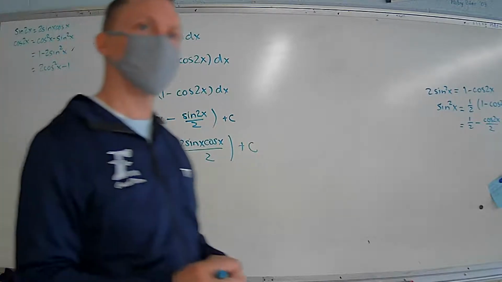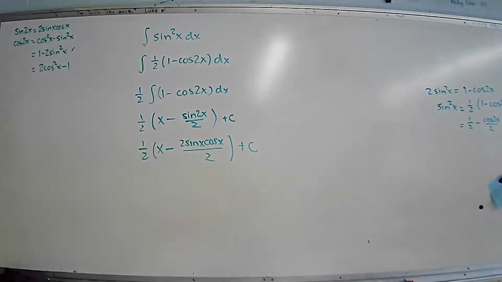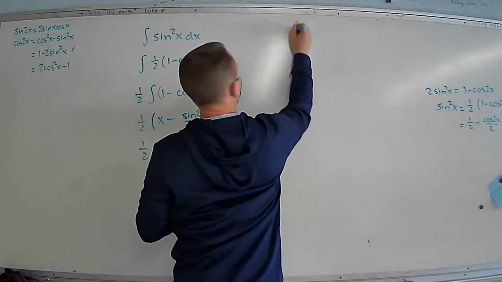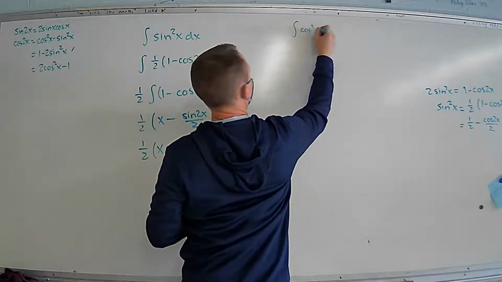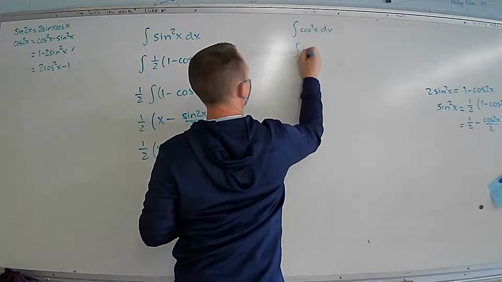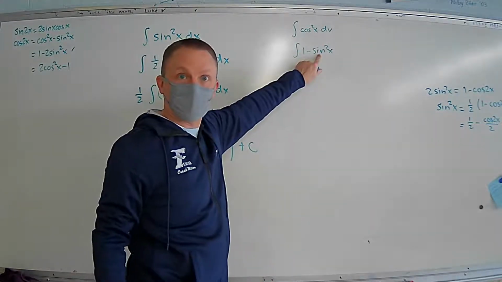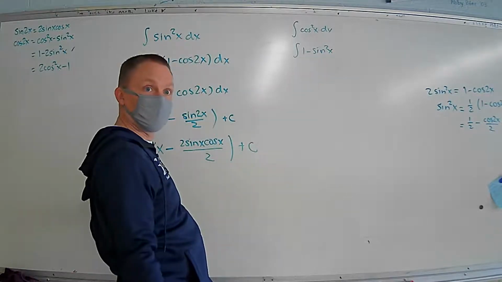How would you do cosine squared? If we had to do cosine squared, what would we do? It is 1 minus sine squared. So you could do cosine squared by rewriting that as 1 minus sine squared, right? And you now know the antiderivative of sine squared is this.